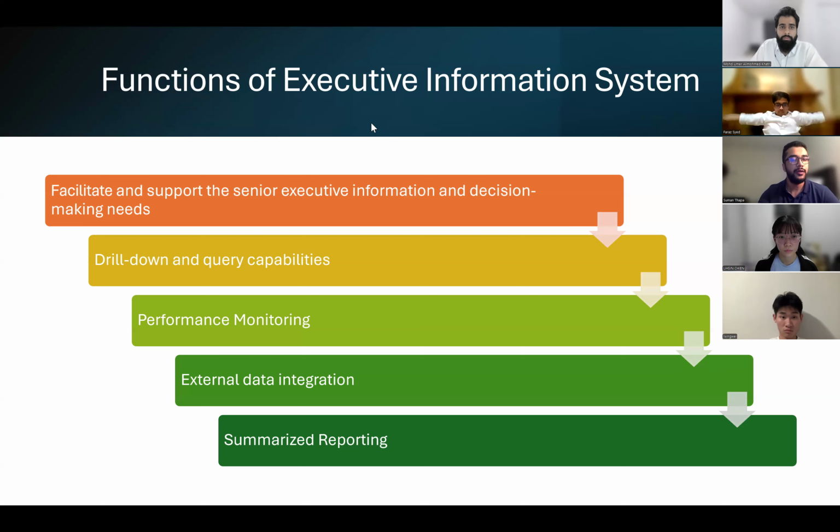Like I mentioned earlier, the EIS database not only integrates the internal data, but it also stores and integrates the external data. For example, for a marketing manager to develop an advertising strategy, he or she needs to analyze the market trends, the consumers' behavior, the position of the competitors, and other things. So integrating the external data is also done here.